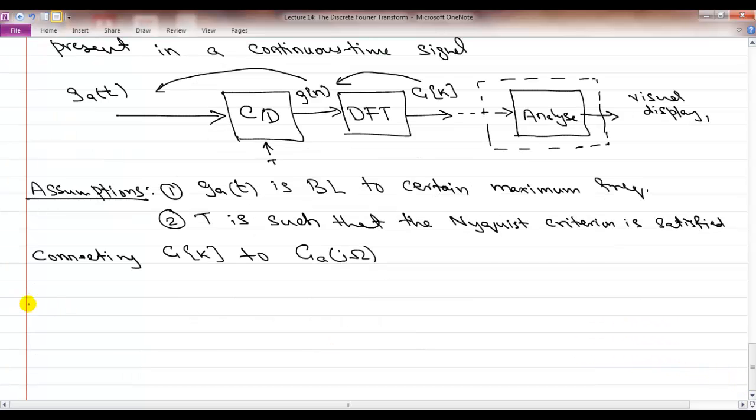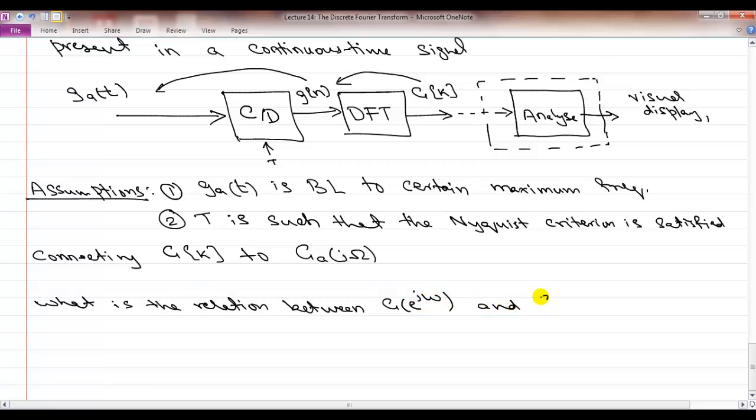So the first thing is, what is the relation between G_e(jω), because we are all talking about frequencies, and G_a(jω)?